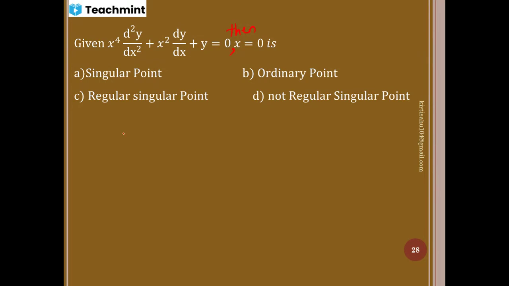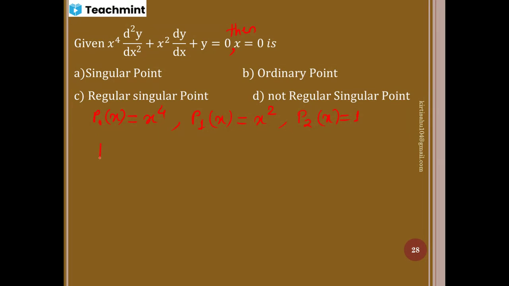So let us check this. First of all, we have to identify p0 of x. p0 of x is the coefficient of d2y by dx square, which I am getting as x to the power 4. Then p1 of x is the coefficient of dy by dx, which is x square. Then we have p2 of x, which is 1, the coefficient of y in this differential equation.